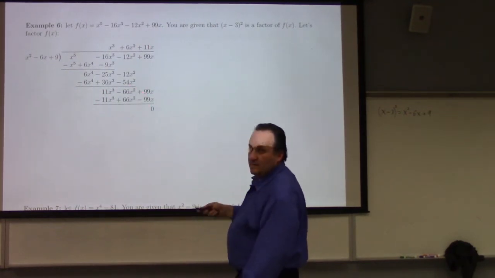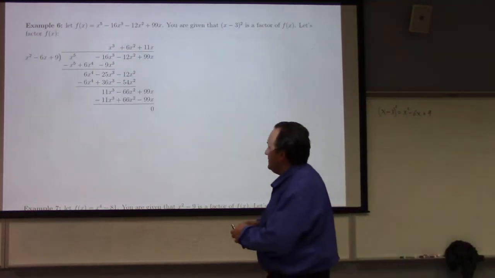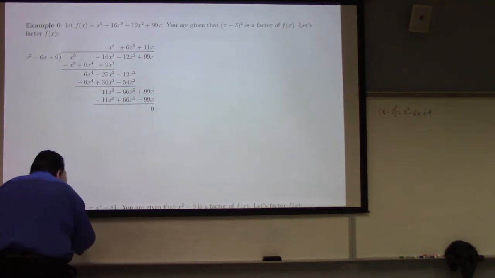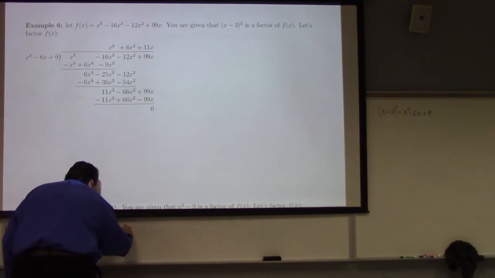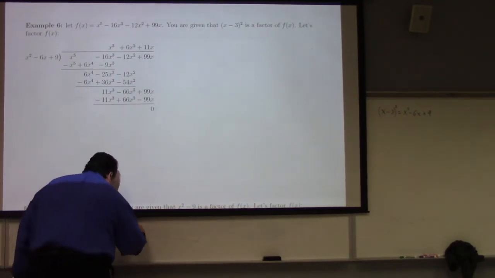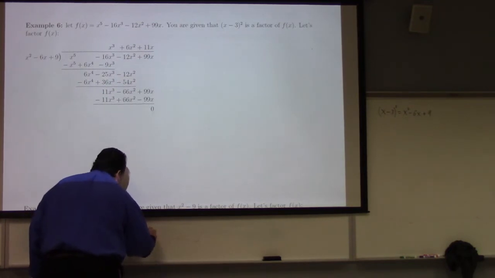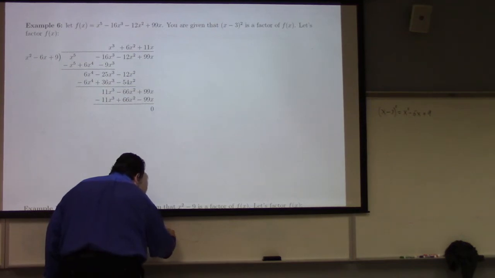That's good. That means that, in fact, we have factored it. And what do we factor? What we have found for this one is that f of x is equal to x minus 3 squared, which was what we divided into it, right? Times x cubed plus 6x squared plus 11x.